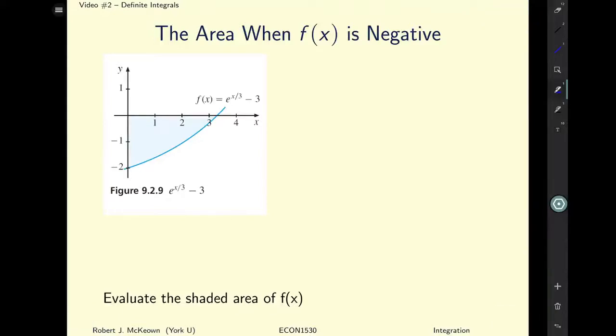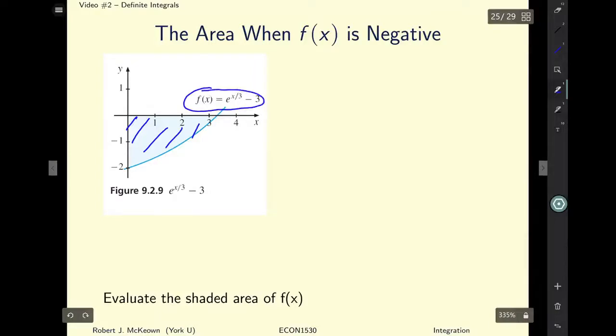Here's an example. We've got a function where, in this area here, f of x is less than 0. Let's see if we can take the integral of f of x and find the area in this shaded spot. I'm going to start off by putting a negative sign, and I'm going to have my definite integral.